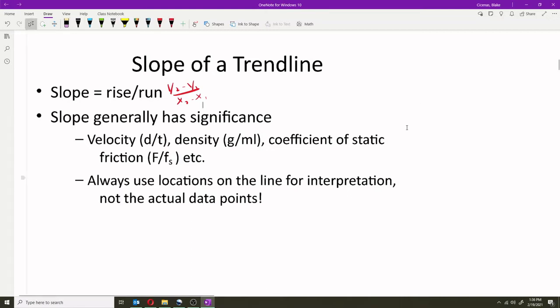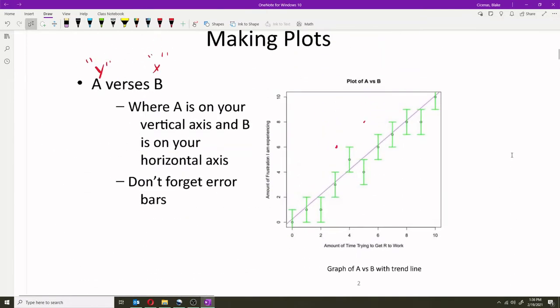Always use locations on the line for interpretation, not the actual data points. What I mean by that is this is a trend line, and in this trend line, it's basically finding the mean of all of your points. But if you were to find the slope based off of this line right here, the purple line, you're going to get, what, 1? But let's say you decided to use this point right here and this point right here. Well, and then you didn't go through 0, 0.